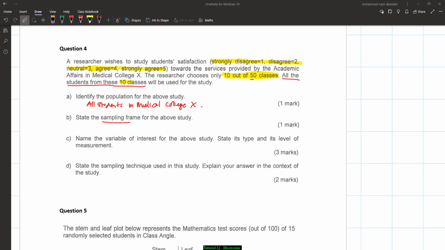Okay, you get out. So, Darwini Adnan. So, what is the sampling frame? Sorry, tak berapa jelas.